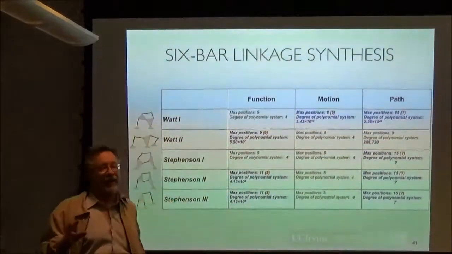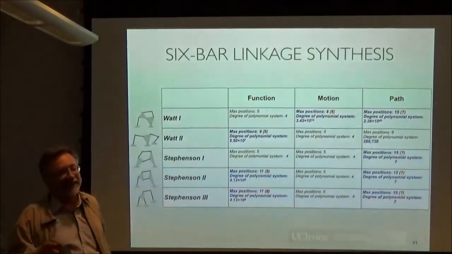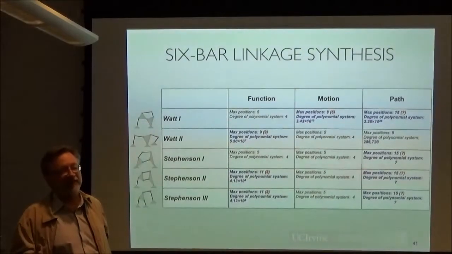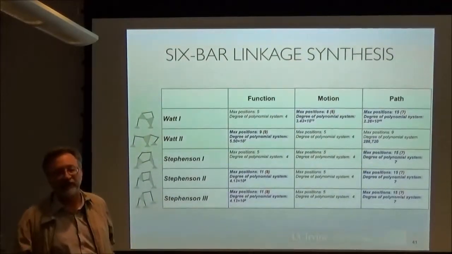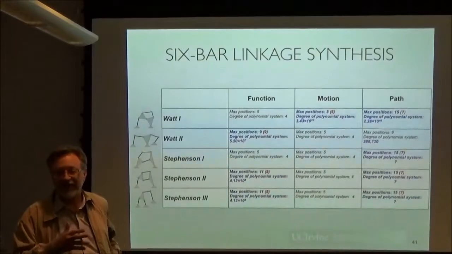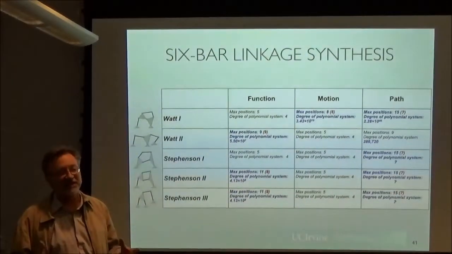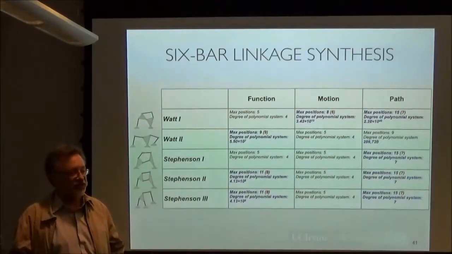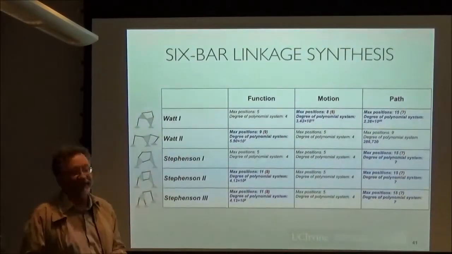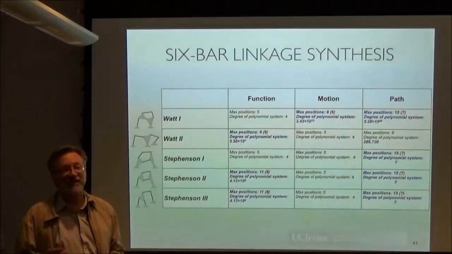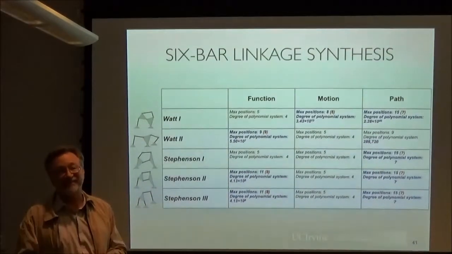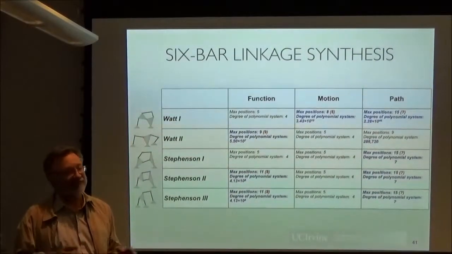Now, I actually checked. It turns out that there are 10 to the 54 molecules in the Earth. So it's not the entire Earth, but if we used the Earth as the computer storage for all of the roots of this polynomial system, we would use a big chunk of it.